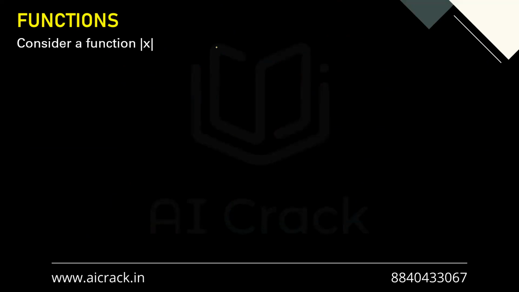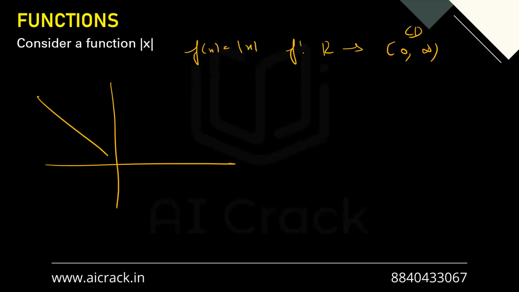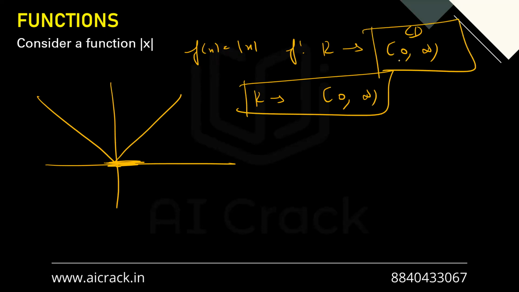We have modulus x. So f(x) equals modulus x, and f is defined from R to [0, infinity). This is our codomain, right? And now if we talk about the range of modulus x, you can see that it's starting from 0 and going till positive infinity. So range is 0 to infinity, right? Now we can see that range is the same as codomain. So that's why this function is an onto function.